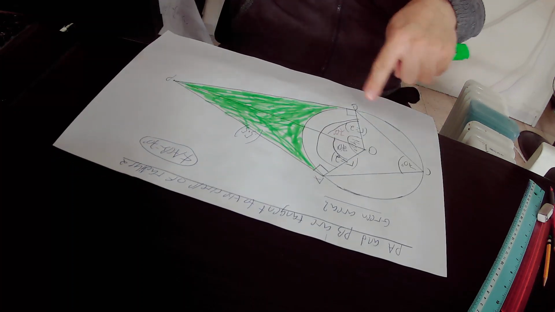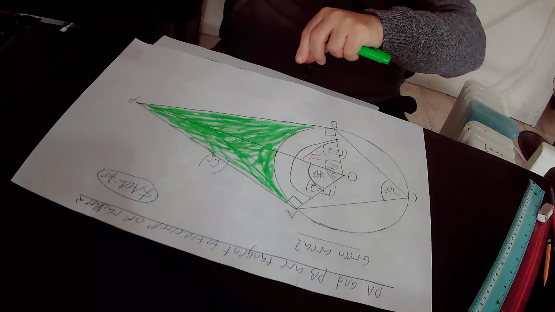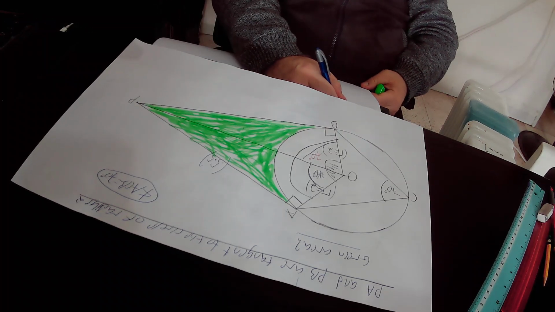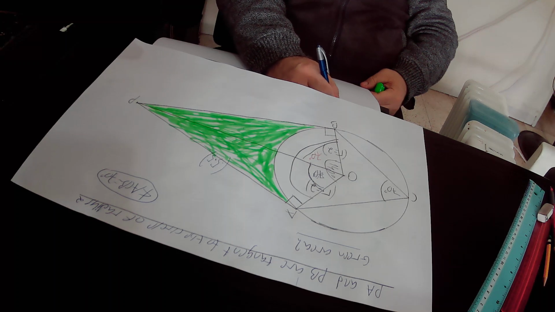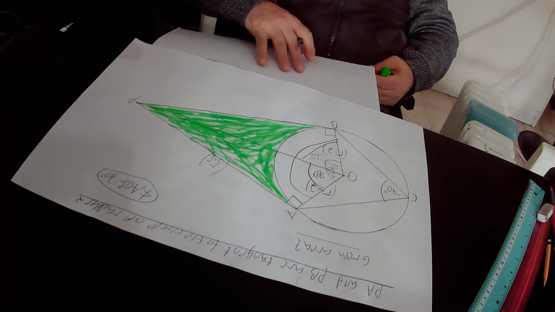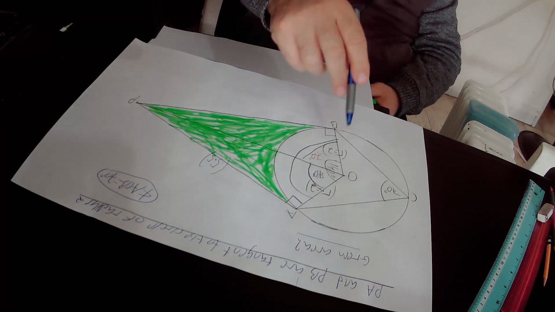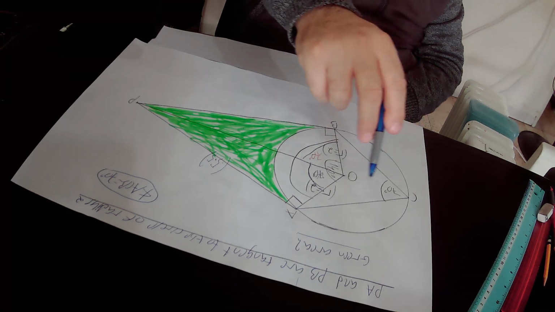So what is the area of this sector, sector AOB? The area of sector AOB equals the area of the circle that contains the sector.